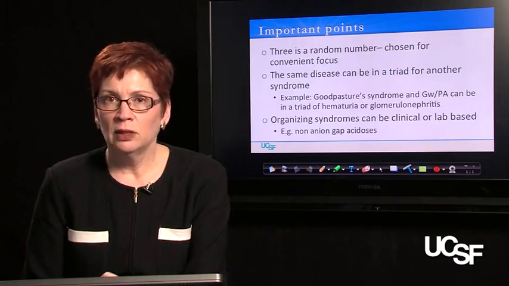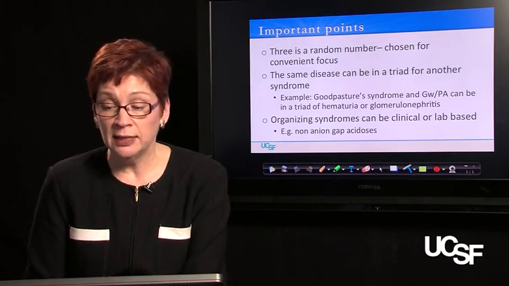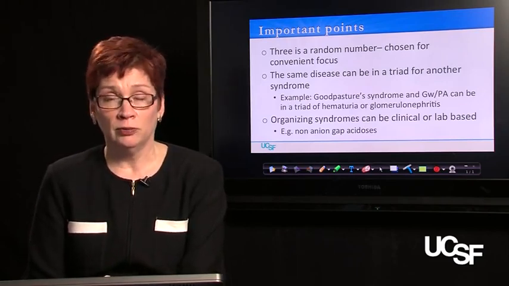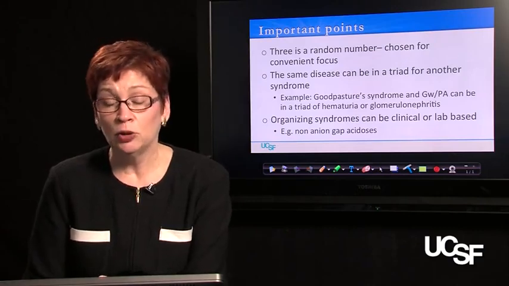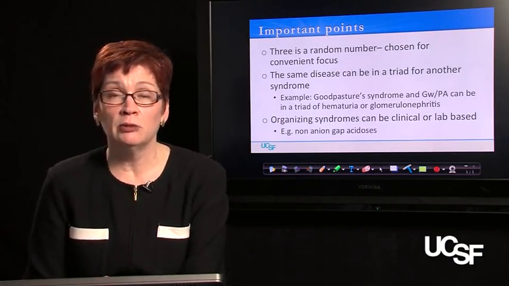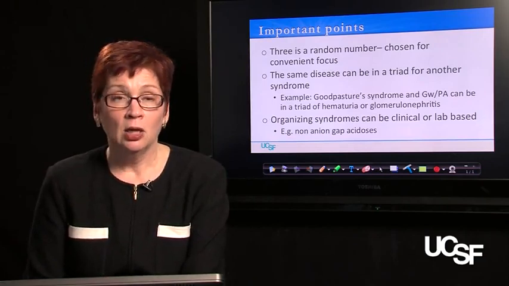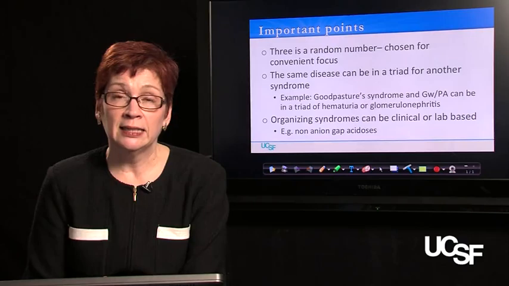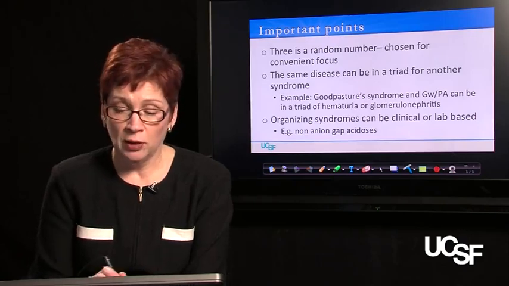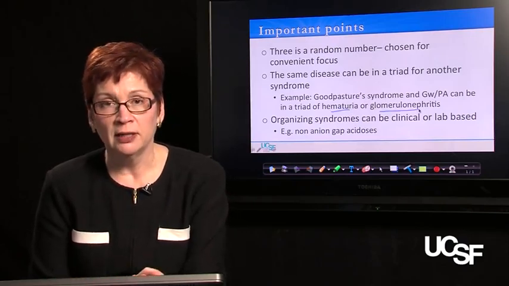The second thing that you'll realize very quickly as you begin to read is that the same disease can be in a triad for another syndrome, right? So for example, Goodpasture syndrome and granulomatosis with polyangiitis could also be present in a diagnostic triad for the syndrome of hematuria or for glomerulonephritis.